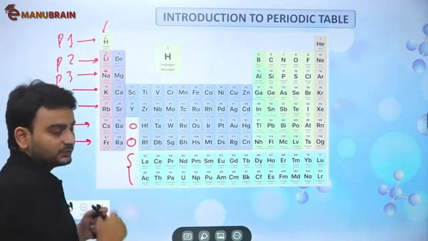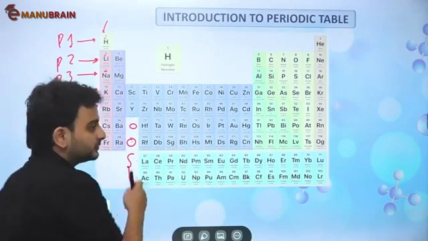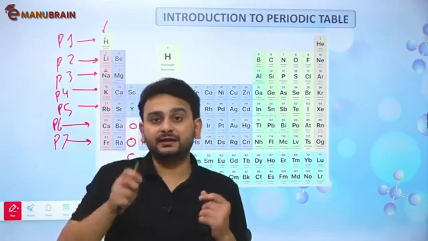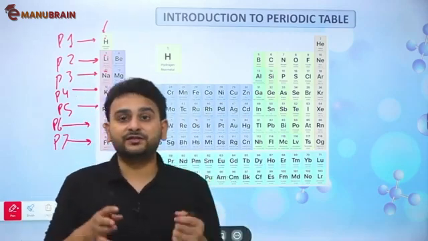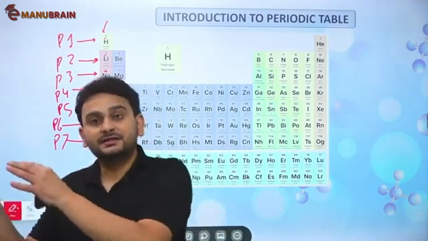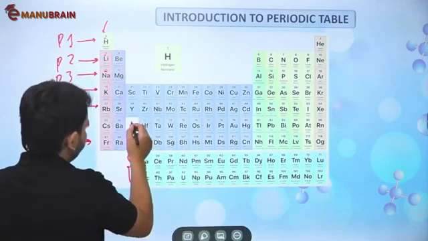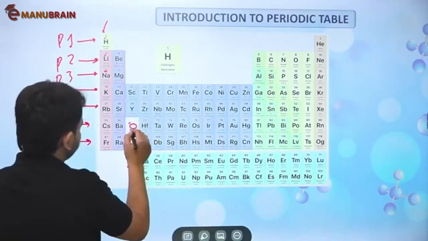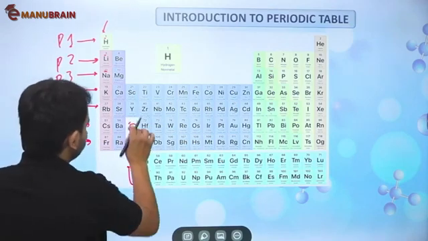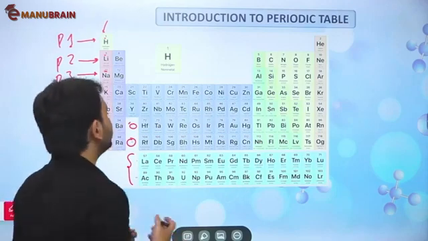There was no space over here because we wanted to arrange it in a more organized pattern, just like in a library, when you have too many books of a certain category, you compartmentalize them in some other area. They would be placed in the 6th and 7th periods respectively, but because there was no space there, this was lifted and placed over here, and more elements will probably be added over here.